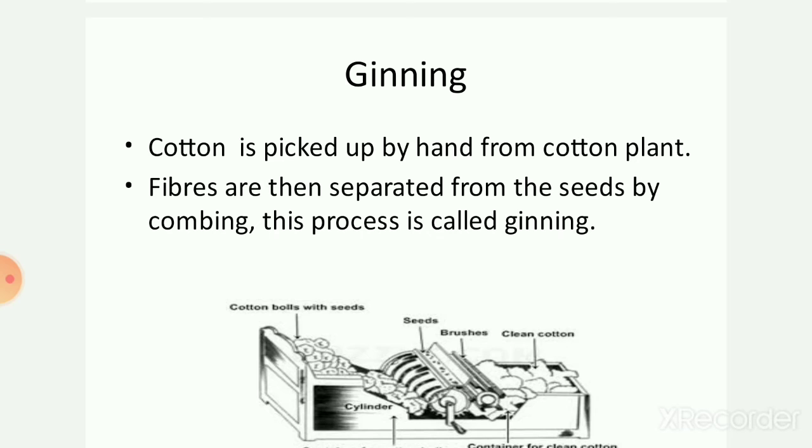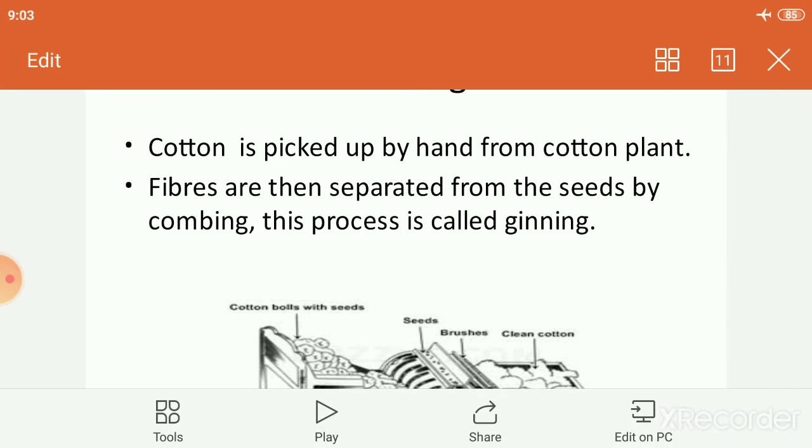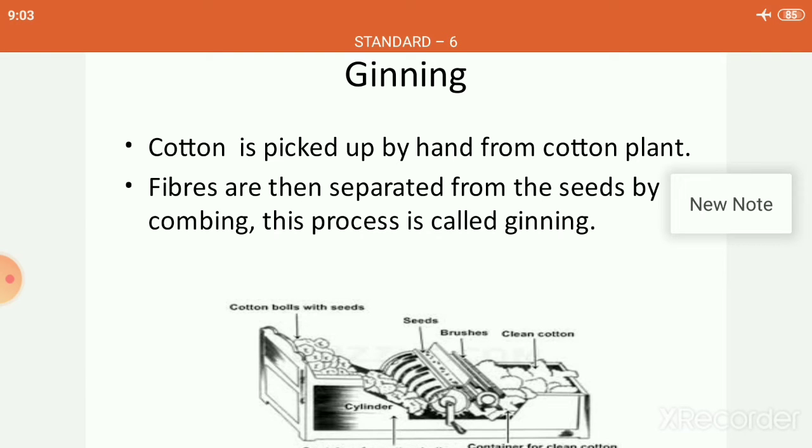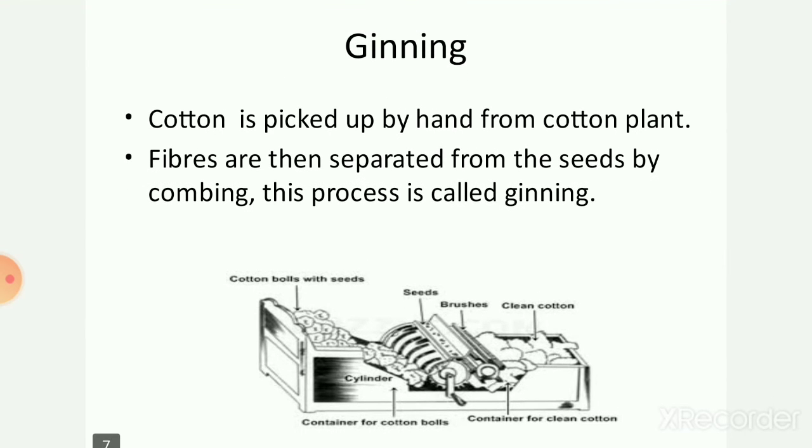Many ginning factories are there in our city because Saurashtra is a place where we are getting black soil and warm climate, which is suitable for cotton production.